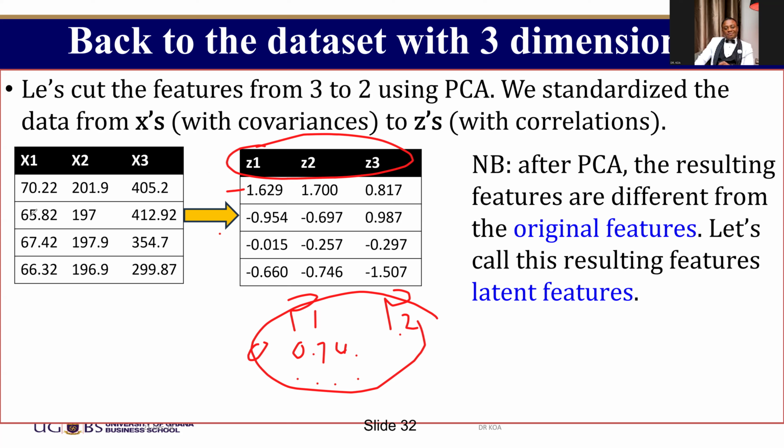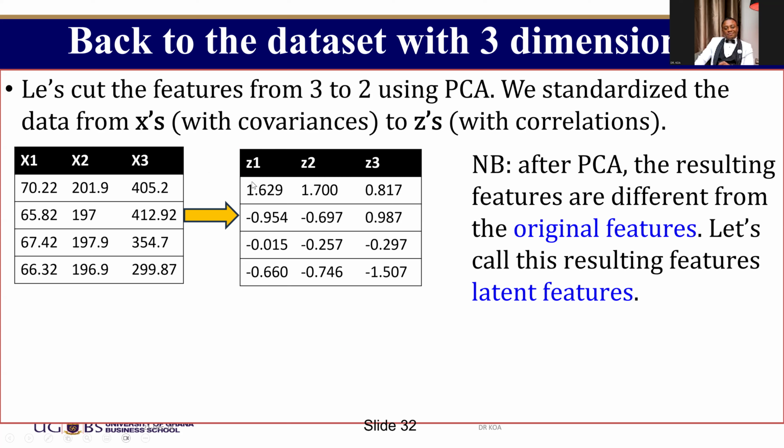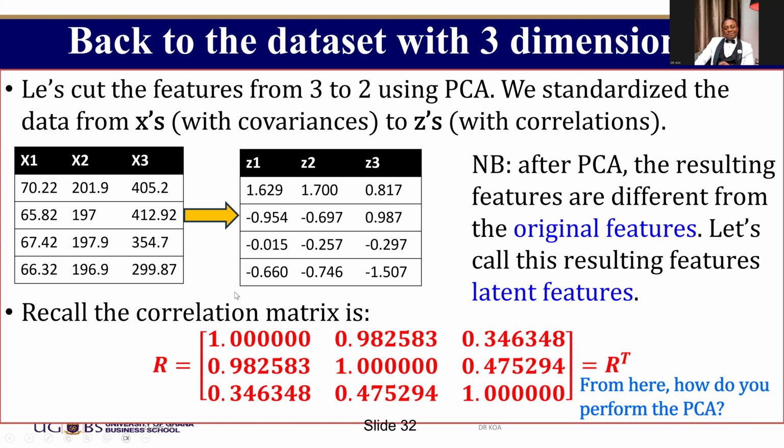All right. So the first thing we normally do after getting the Z is to find the variance covariance matrix. But because we are not using the X's, we are going to use the Z's. So what we are going to find is rather the correlation matrix. That is the first thing, and we did this last time. Remember, we were using the variances and the covariances, and there was a formula for finding each.